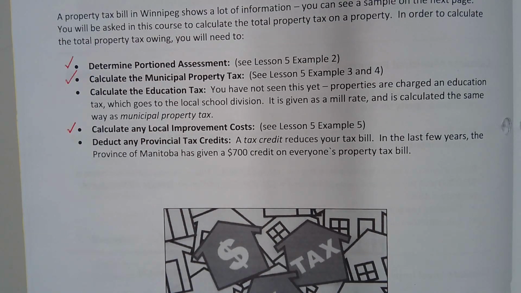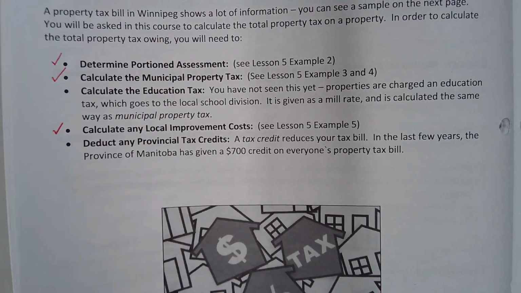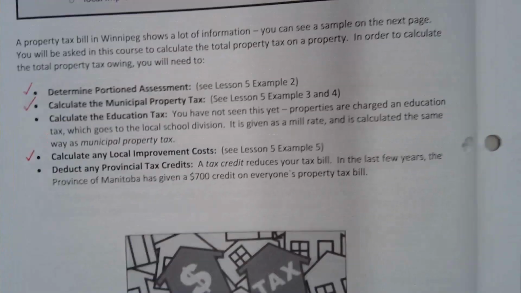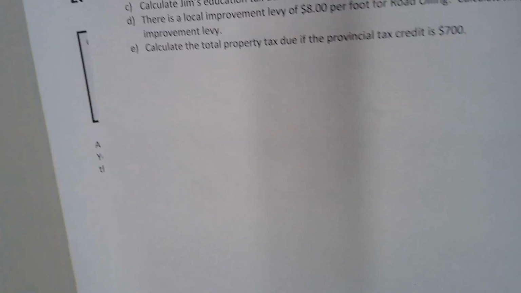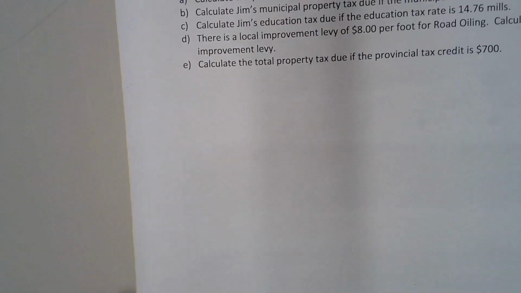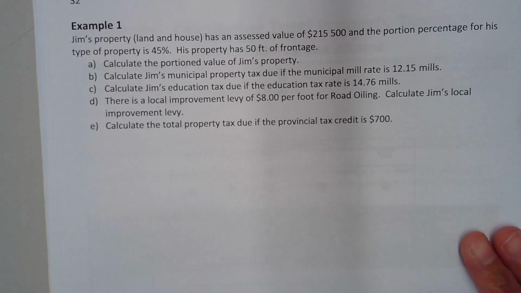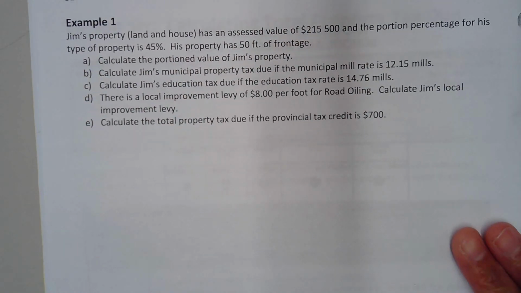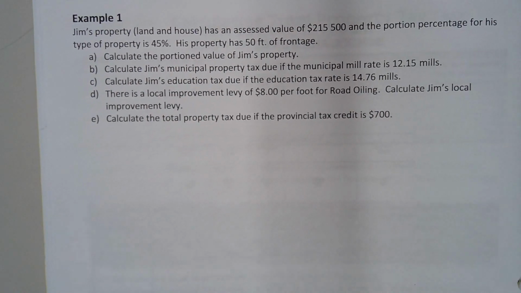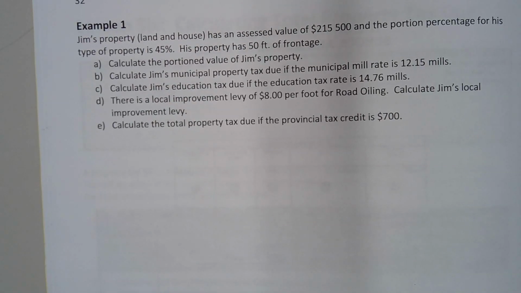So what they mean is that the province will say, don't worry about that $700. We'll take care of it. So they take away or subtract the $700. It's like a savings, right? $700 off. So we'll keep that in mind as well. So having said that, I think what we could do is take a look at example 1, and you'll see all of our notes in here, all of our examples and calculations.